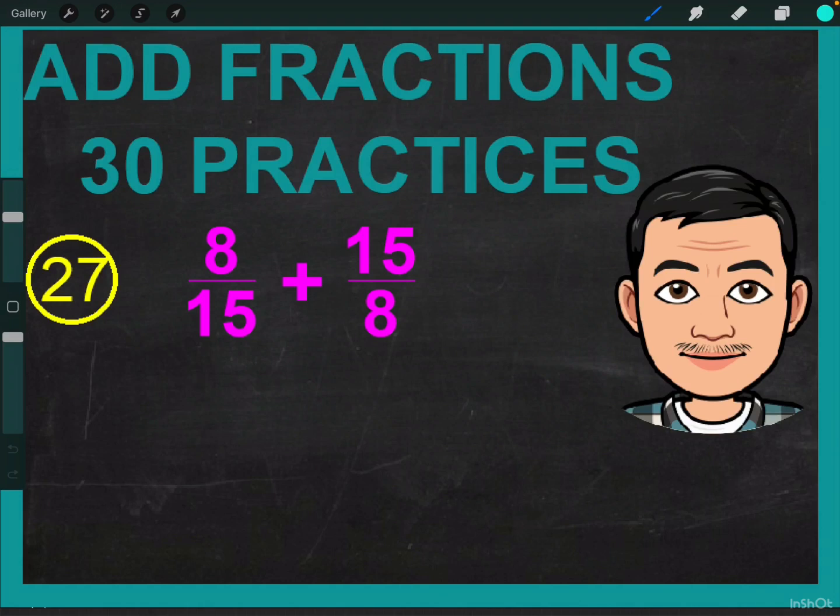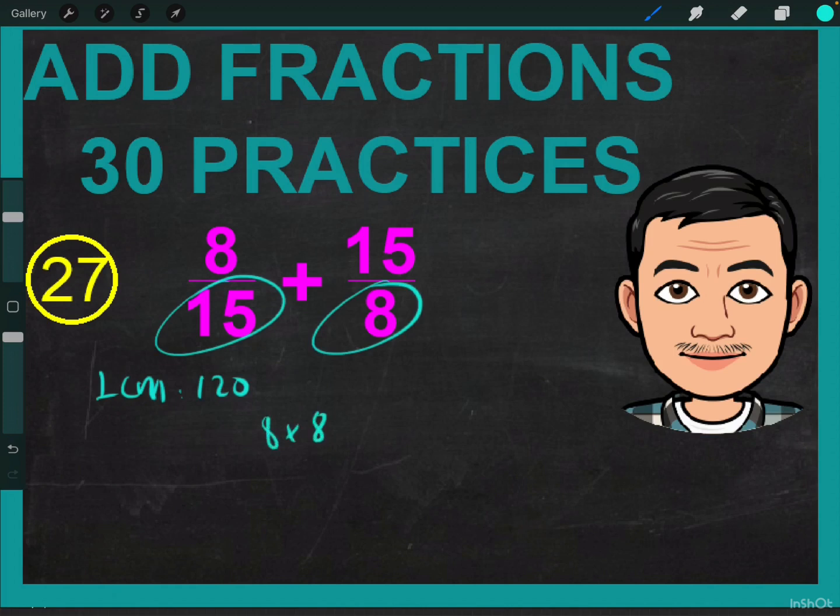Bracket number 27. We got two fractions with different denominators, 15 and 8, and the LCM for 15 and 8 is 120. Alright, so now we convert 8 over 15. We got 8 times 8 over 15 times 8, and then 15 over 8, we got 15 times 15 over 8 times 15.